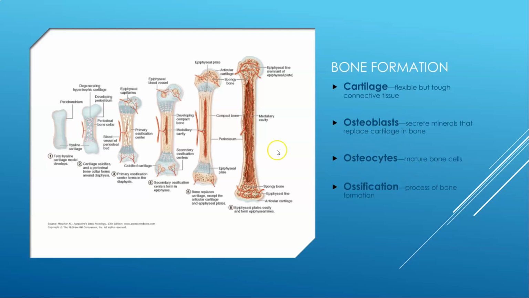So you're really just a bone cell. Over time, as your bones grow and lengthen, you end up replacing this cartilage with actual bone cells, and that develops into that compact bone, that spongy bone. You do have a layer of cartilage on the outside, and this process is called ossification. It's the process of bone formation.